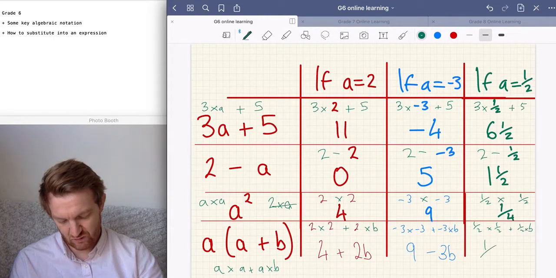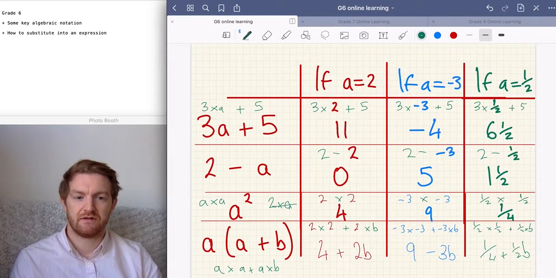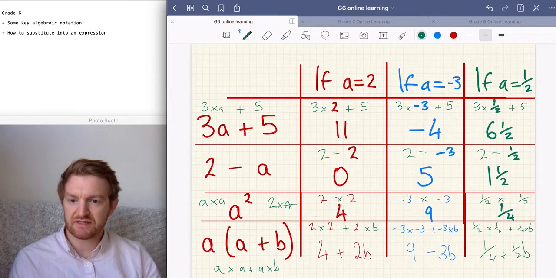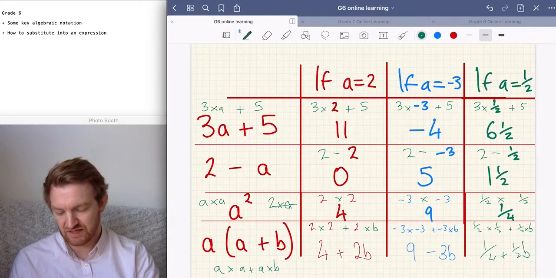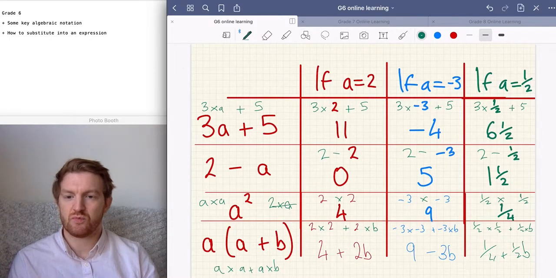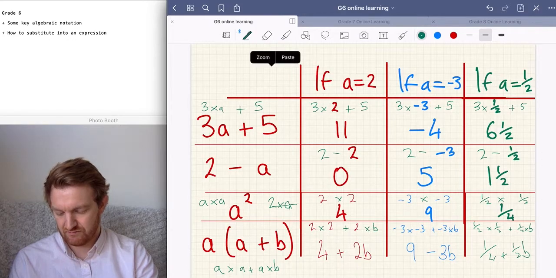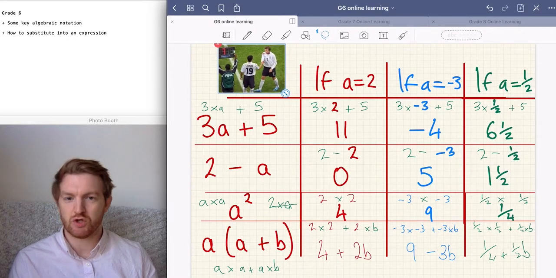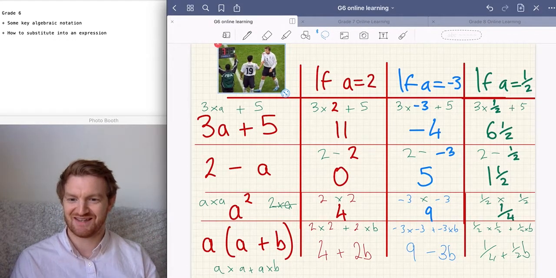So it's going to be a quarter plus half of b. So as you can see, you've got lots of different things that we can get out of these expressions, and it depends on what you substitute in, what you put into the question. What you substitute. See that? That's cool, isn't it?